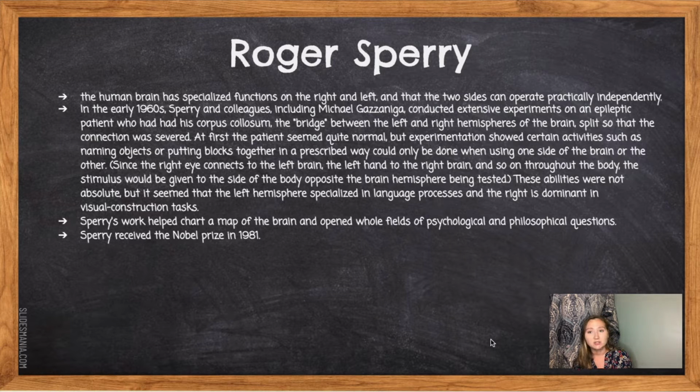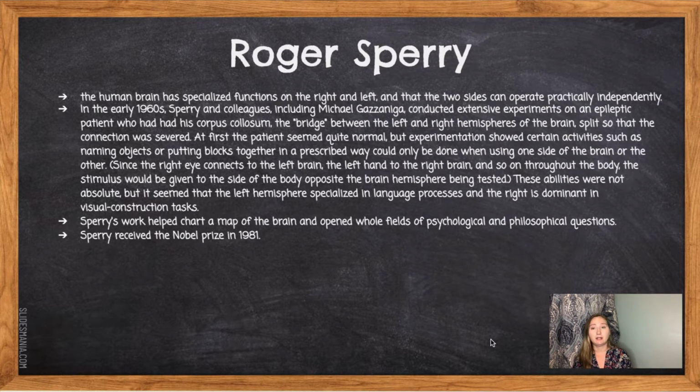At first, the patient seemed pretty normal, but then further experimentation showed that certain activities, such as naming objects or putting blocks together in a prescribed order, could only be done when using one side of the brain or the other. The right eye connects to the left side of the brain, and the left side of the eye connects to the right side of the brain, right?